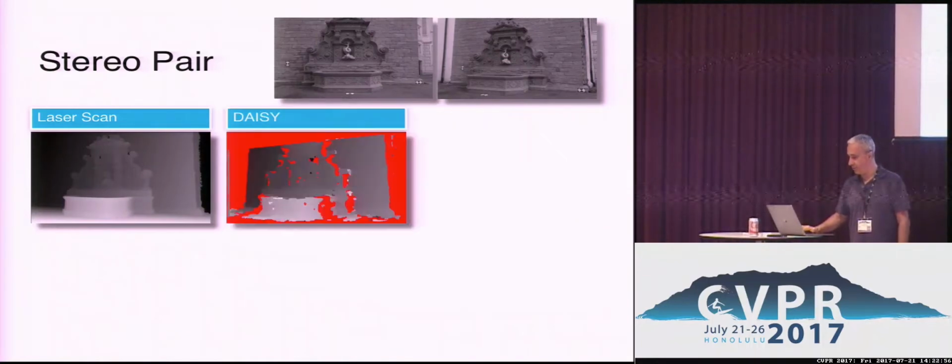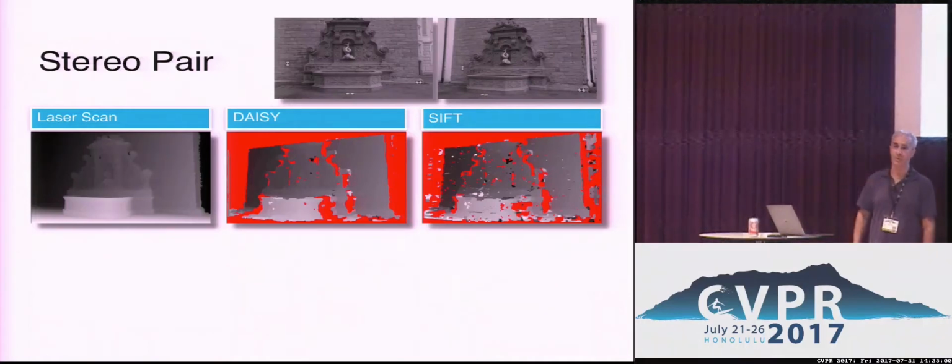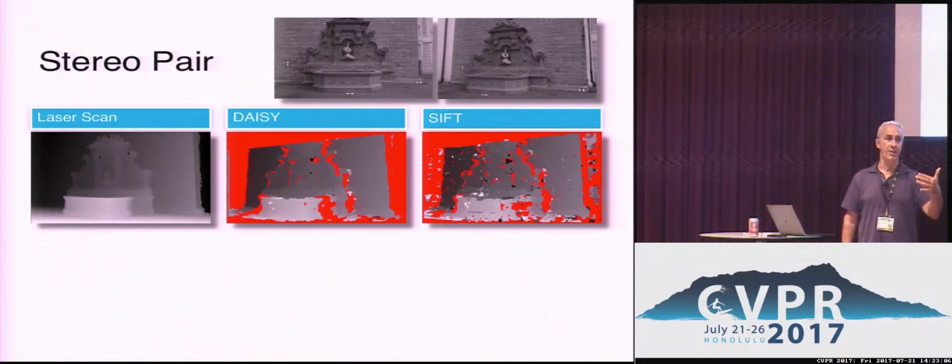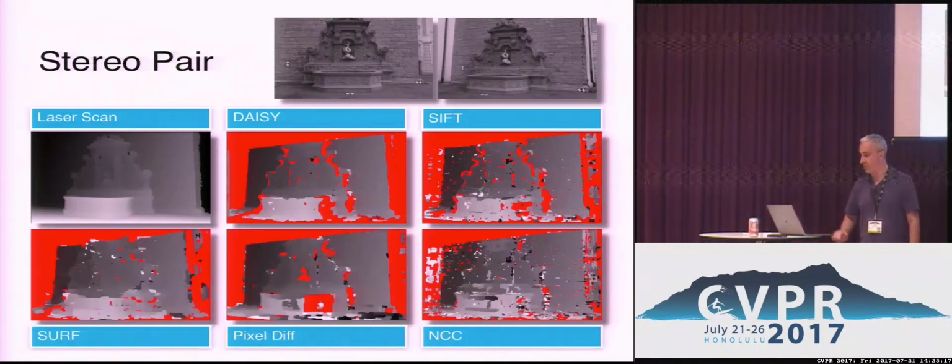If you use DAISY, you get something like this. If you use SIFT, it's actually a bit easier, and it's also slower because SIFT is not designed to compute densely, so you don't exploit the fact that some computations can be reused again and again. And both are actually better than a lot of the other approaches.